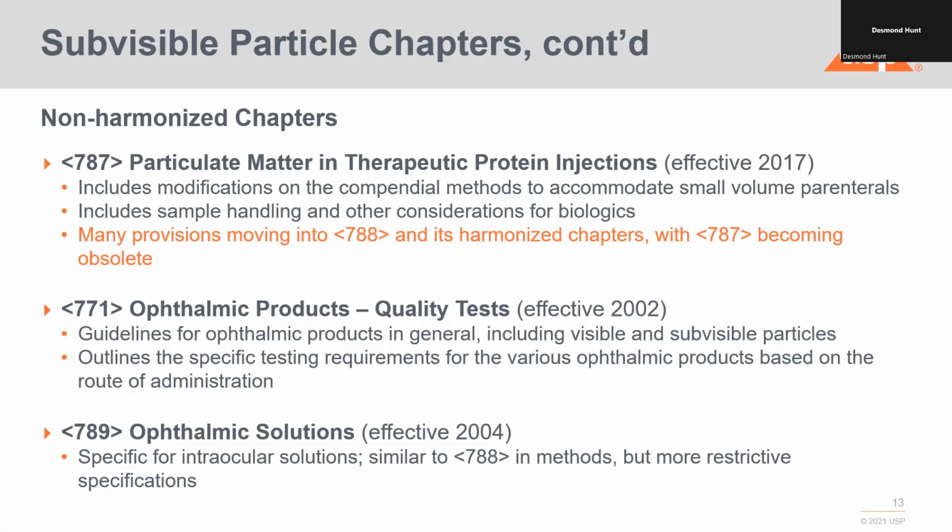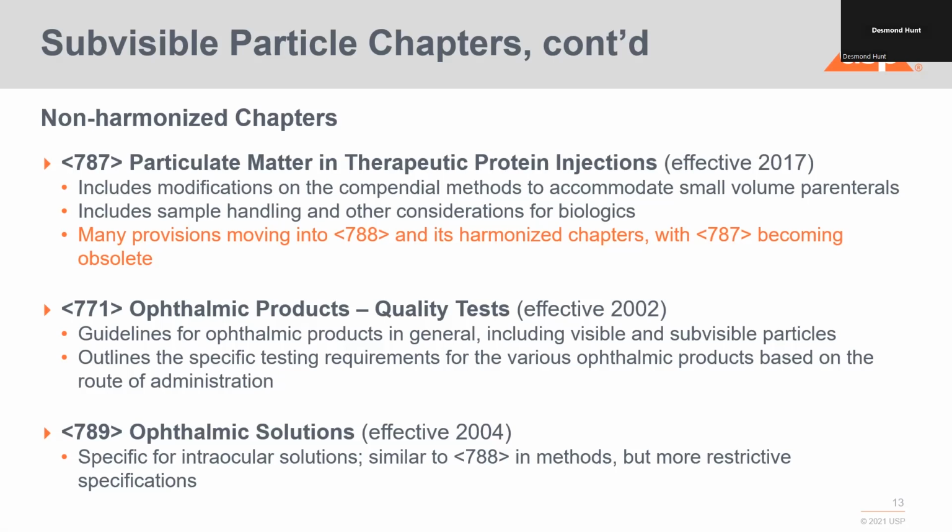So depending on the route, maybe 788 testing and 790 may be required. There may be other situations where 789 may be required and 790, and there may be situations where only 790 may be required. So again, this chapter took a more granular look at ophthalmic drug products, looking at the various dosage forms and routes of administration to give a more robust requirement versus something that's kind of broad today for some of their drug products.